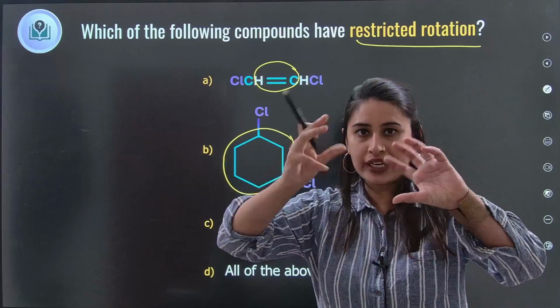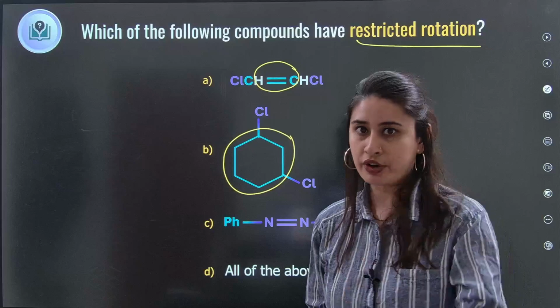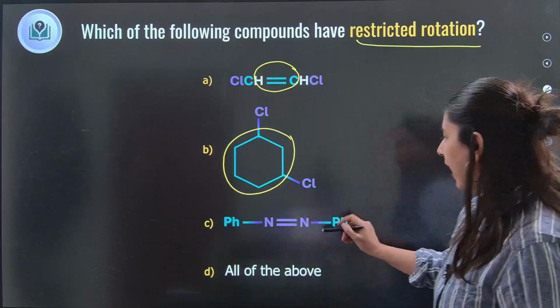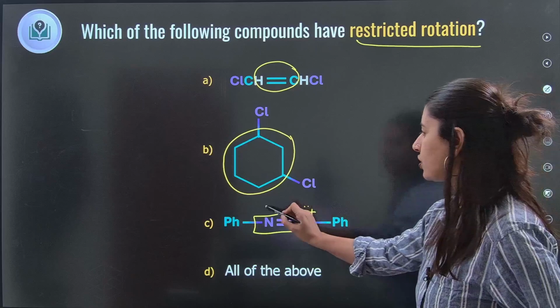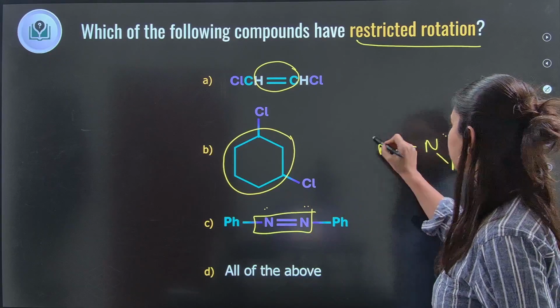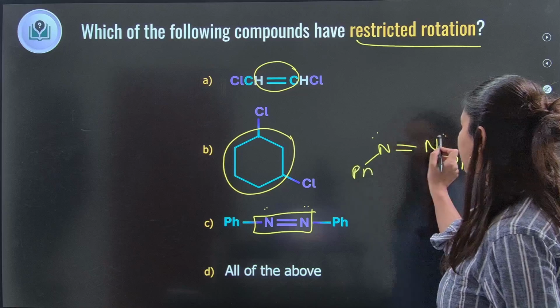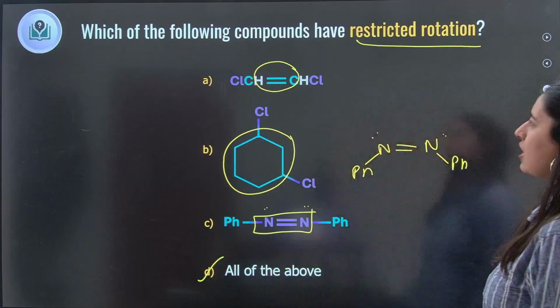If you try to rotate it, the ring will break. So that is also a restricted system. N double bond N, here you have the lone pair, and like we discussed, the azo group is very much a restricted system and can show GI. So all of the above becomes the answer.